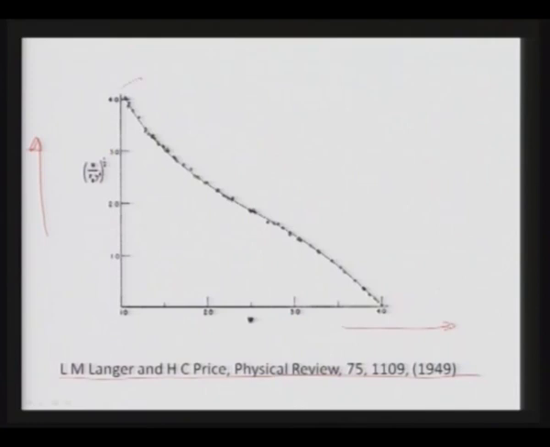You can see this is the curve, and this curve you can see you have convex upward, here concave upward, here it is concave upward, here it is convex upward. So, it deviates quite a bit from this curve.